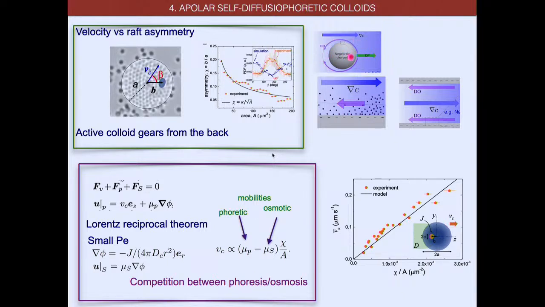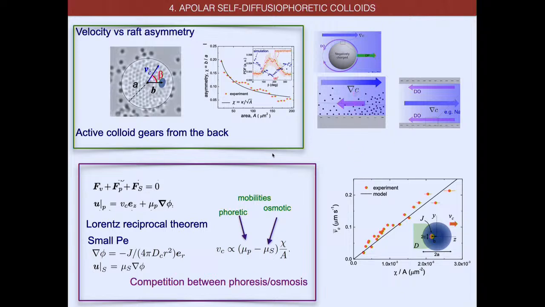But I've been emphasizing that if there is a gradient in concentration, then because of this gradient there will be a diffusiophoretic response. But because these particles are on a wall, and the material of the wall is the same as the material of the colloids, the wall itself also has a response to these gradients, which is diffusioosmosis and gives rise to an osmotic flow.